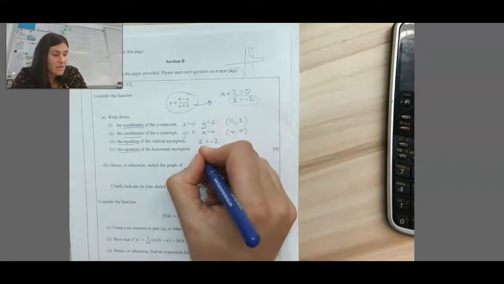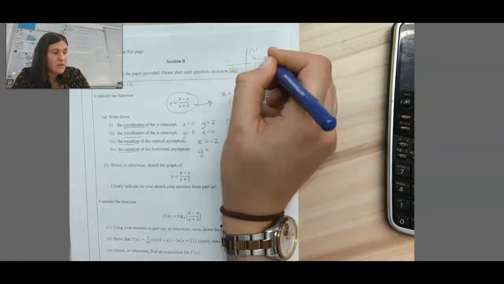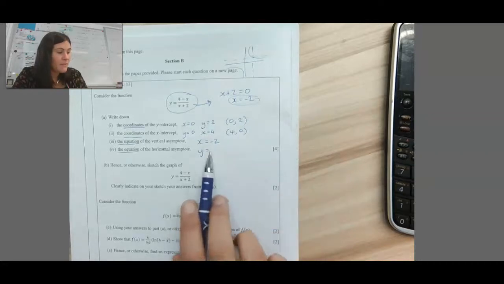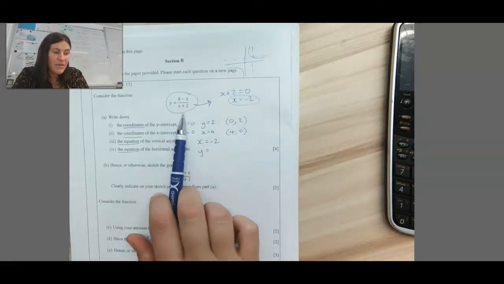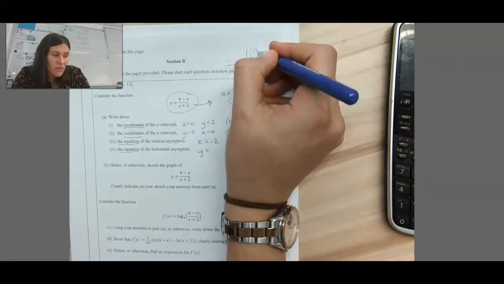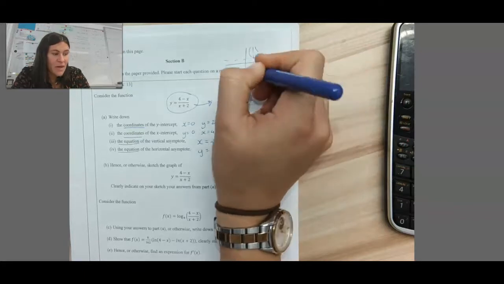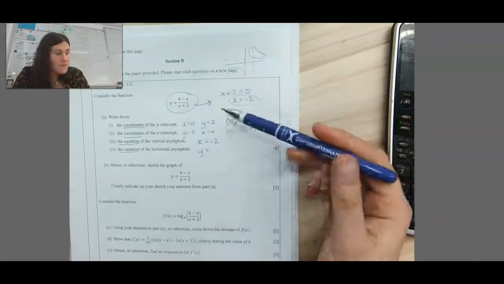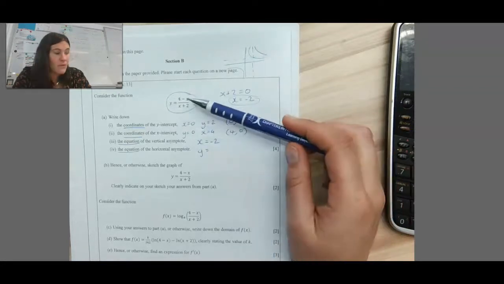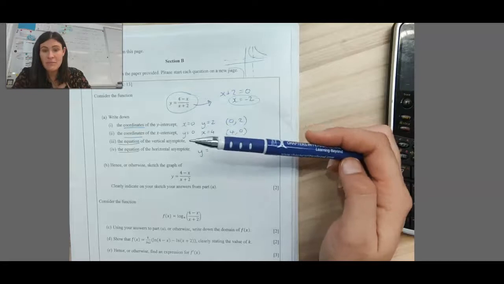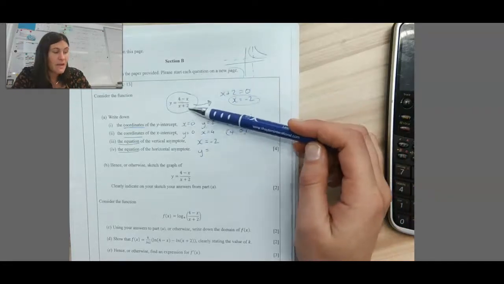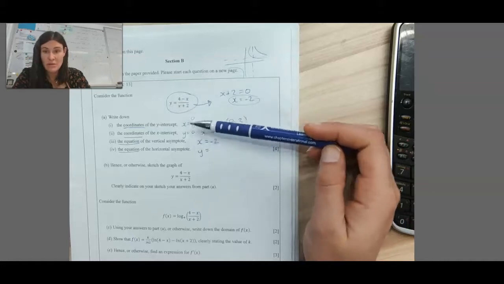And the horizontal asymptote, every horizontal asymptote has an equation of the form y equals a constant. So here we're thinking about the limits. Our function will be approaching this as x gets very, very big or as x gets very, very small. So if I think about x getting very large, here, 4 minus x, the 4 becomes insignificant compared to the value of x, and on the bottom the 2 becomes insignificant compared to the value of x.